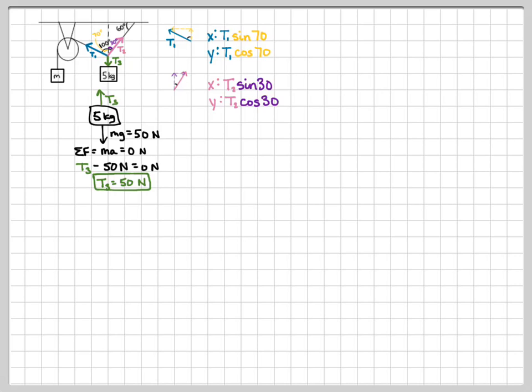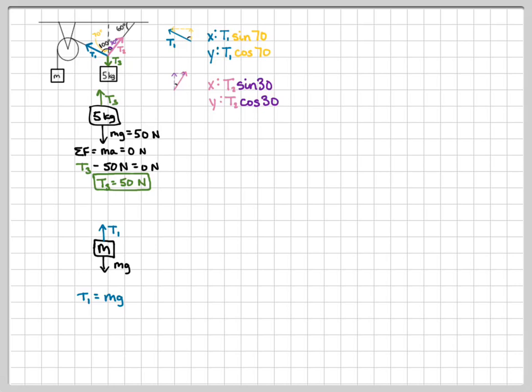While we're at it, let's go ahead and look at the free body diagram for the unknown mass. Since it's on a pulley, that tension is the same throughout, for now at least. So I just get that T1 is equal to its weight by the same process we did with the one right above it. Okay, so we have two equations and two unknowns because we solved for T3 already.